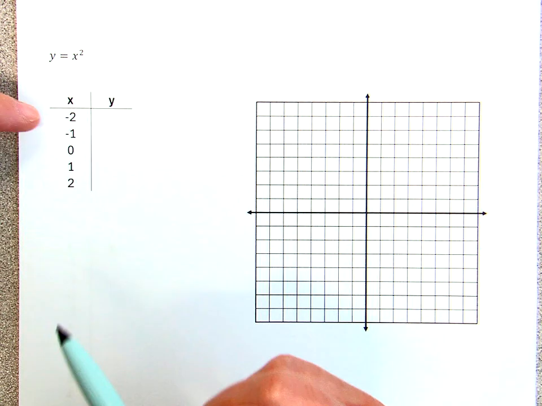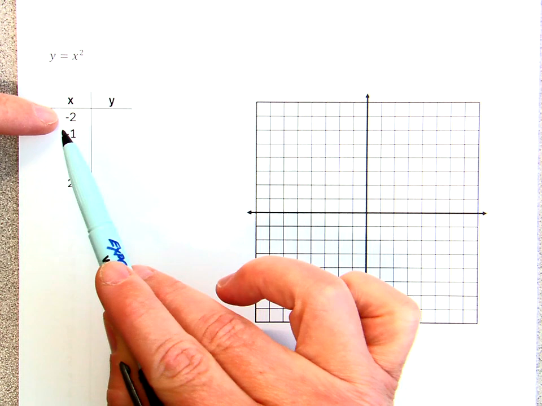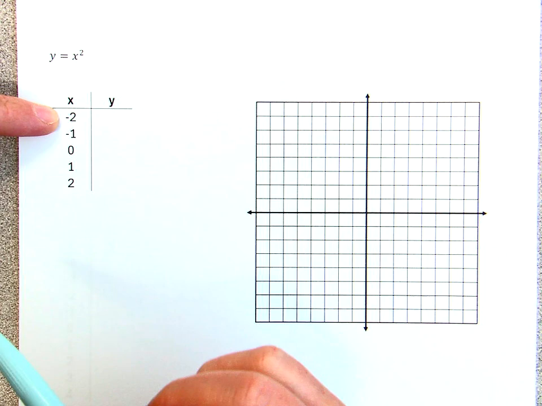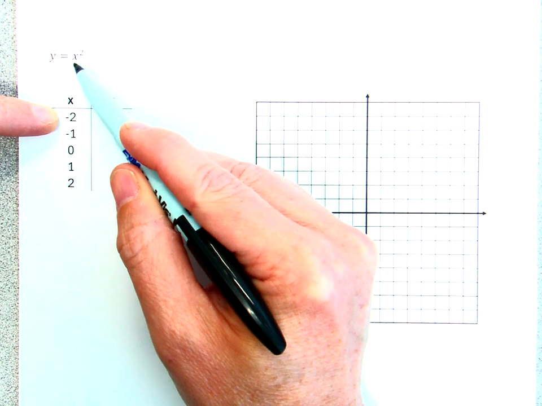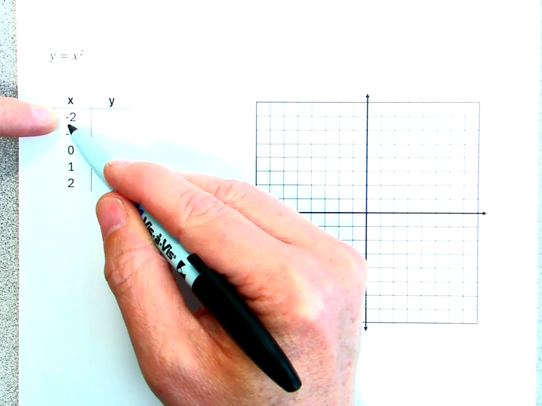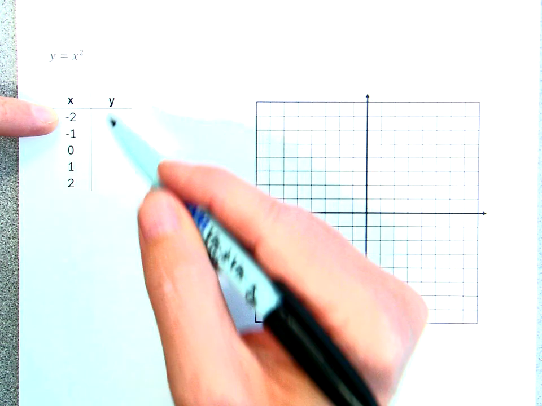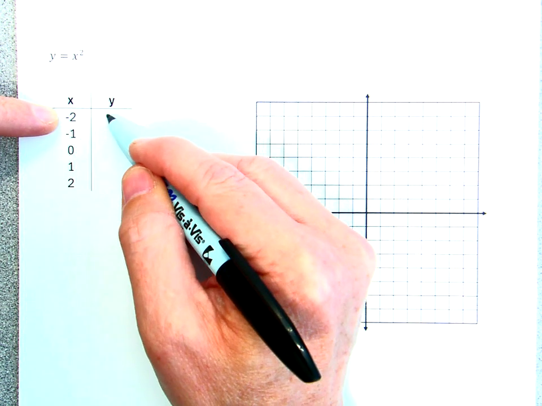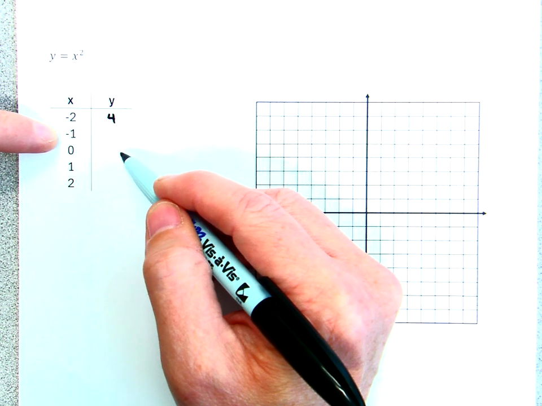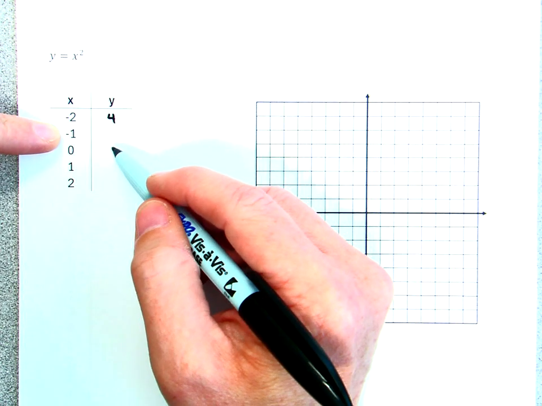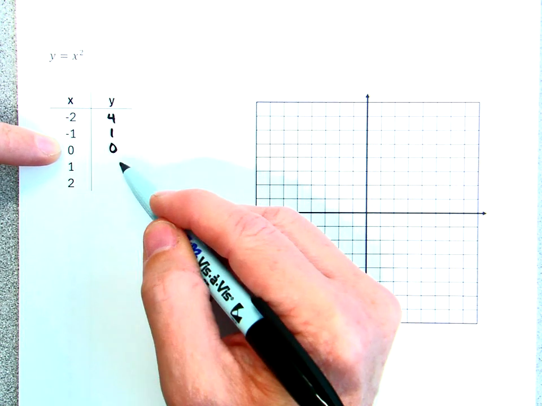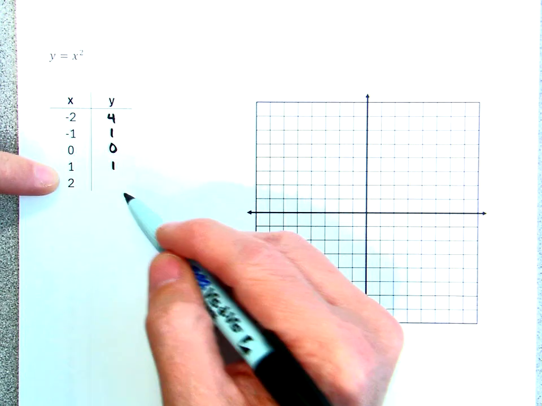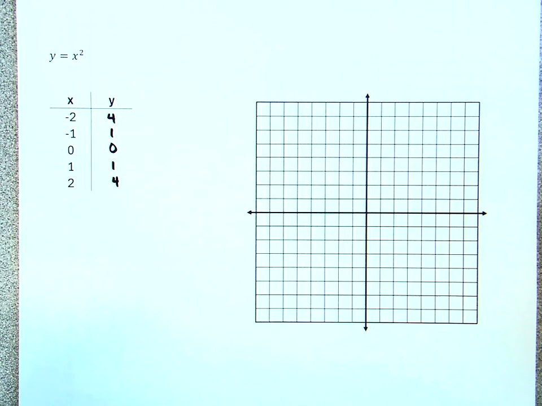So nothing much going on here. If I wanted to know the y values that go with these x values, then I can just take the x value and square it. So if I square -2, that'll be -2 times -2, which is 4. If I square -1, -1 times -1 is 1. 0 squared is 0. 1 squared is 1. And 2 squared is 4.